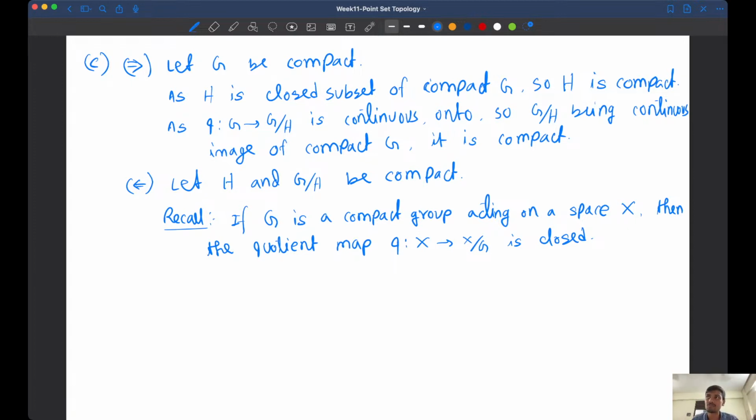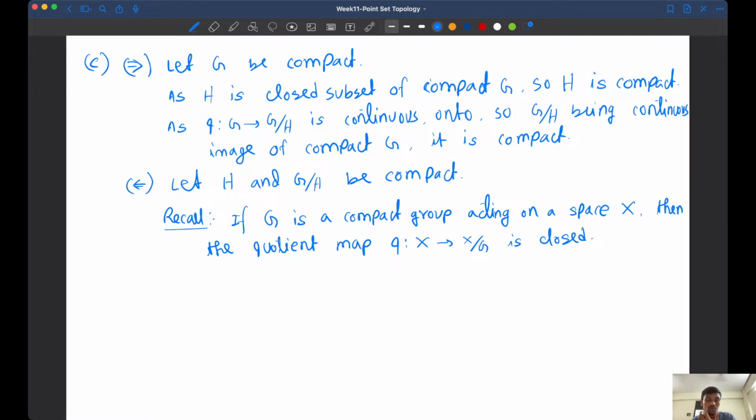But we already proved in the previous thing that if you have a map X to Y which is closed, continuous, surjective, with the inverse image of each point compact, then X is normal implies Y is normal.